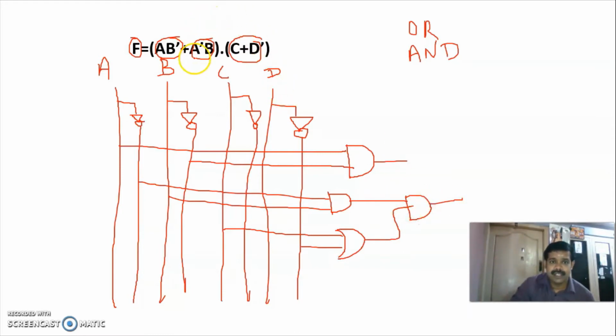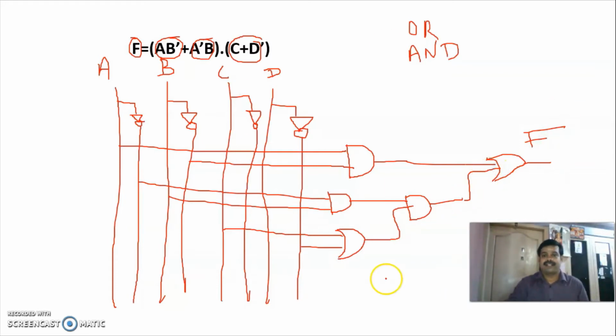Then this term and this product term you are making OR. So again you have to give it to an OR gate. Okay, this is nothing but your F. This is nothing but the F.